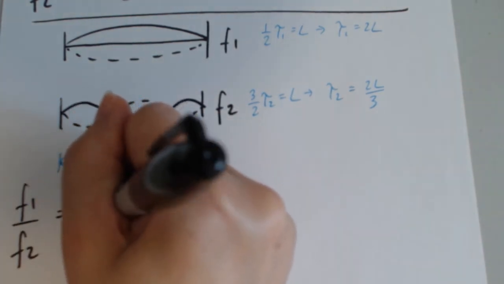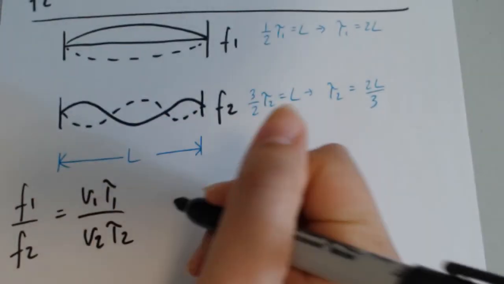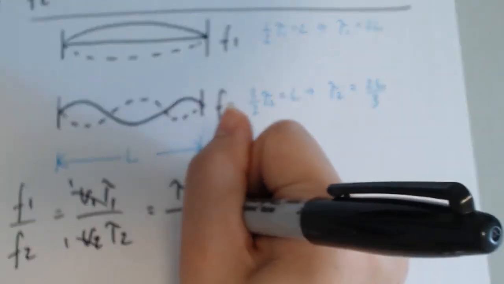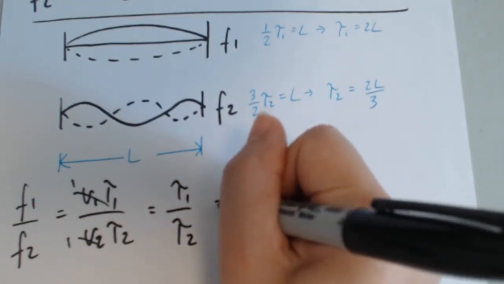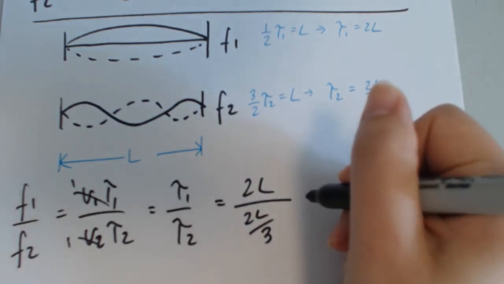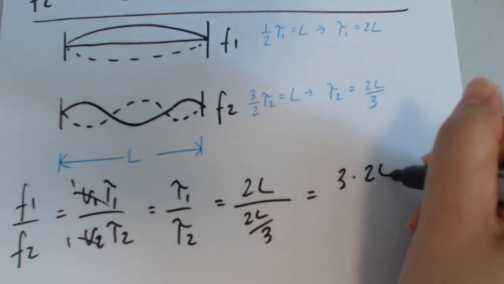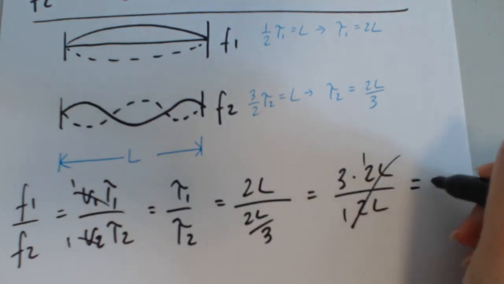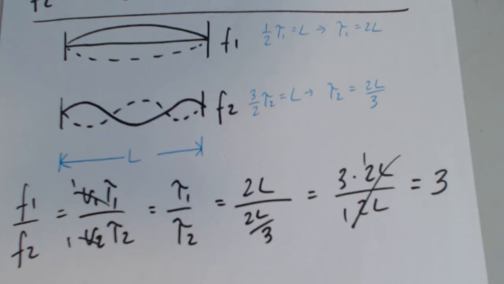Okay, so I'm looking for F1 over F2. So that's V1 lambda 1 over V2 lambda 2. Speed of sound is the same, so those cancel. So we have lambda 1 over lambda 2. Lambda 1 is 2L. Lambda 2 is 2L over 3. So that's 3 times 2L over 2L. 2L's cancel, and you're left with 3.